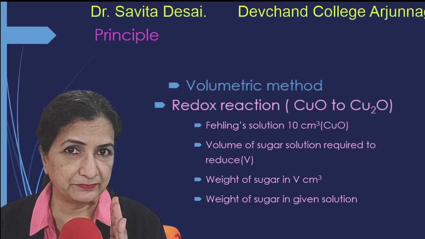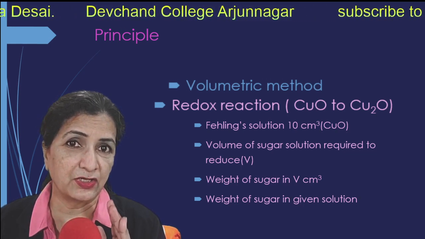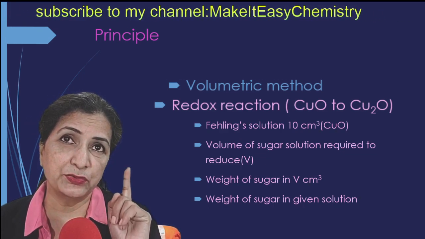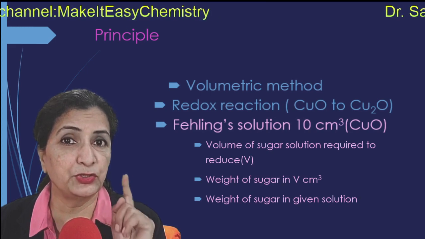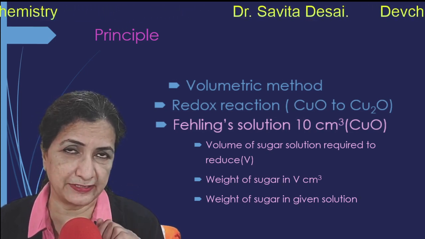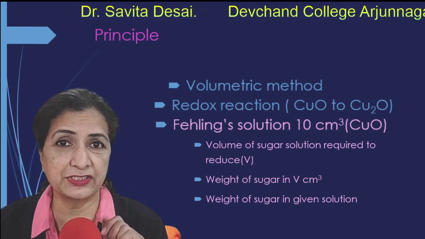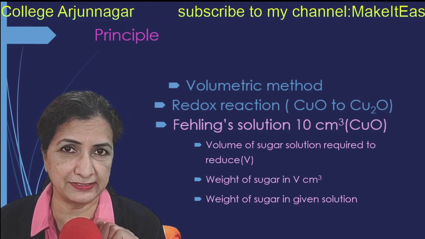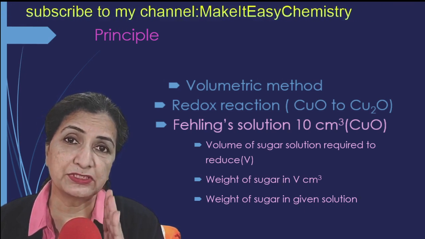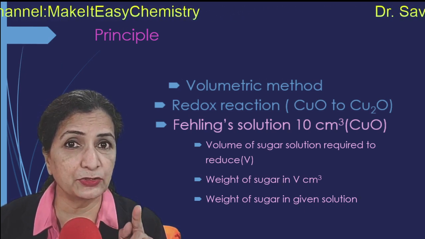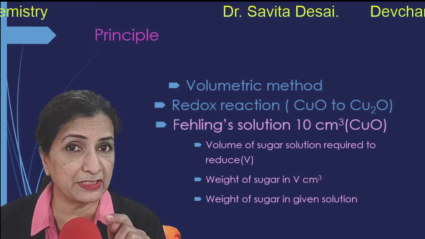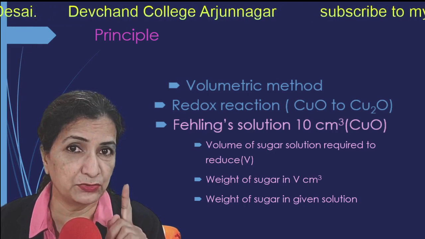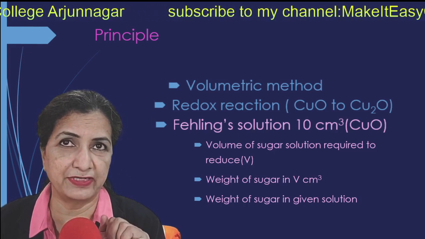The inverted sugar, or the reducing sugar, is capable of reducing CuO to Cu2O, cupric oxide to cuprous oxide. Whenever a redox reaction takes place, reduction and oxidation take place simultaneously. That means when the reducing sugar reduces the cupric oxide, at the same time the sugar itself is getting oxidized. We are going to understand this reaction perfectly.